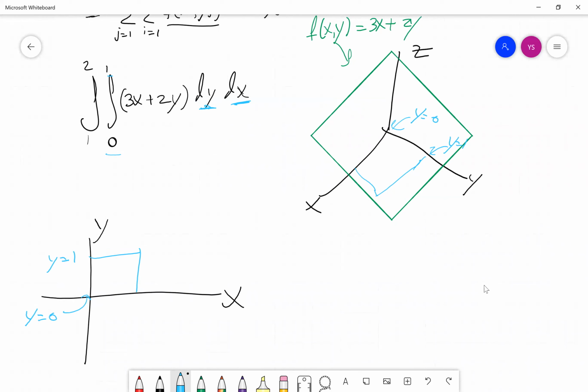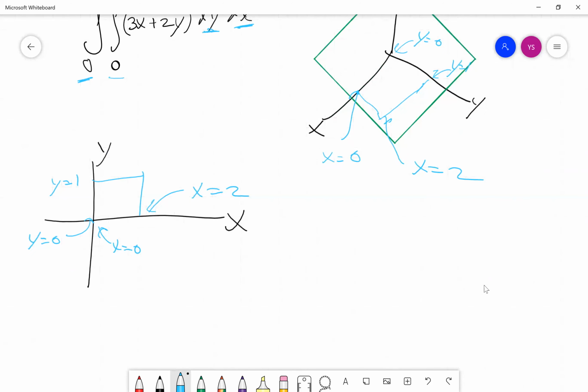And the x direction is going from 1, which is down here, all the way to 2. This is not the exact domain, but I'm going to change this to 0 just so that it works. So x is equal to 0 all the way to x equal to 2.